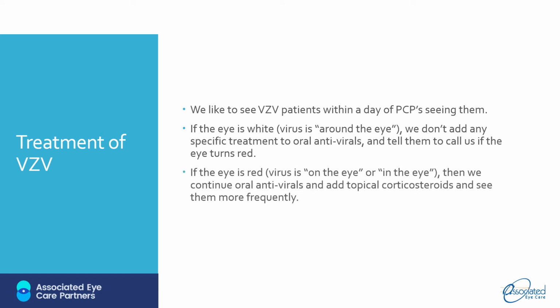If the eye is red, now they're in the on the eye or in the eye category, and we will add topical corticosteroids to the oral antivirals that the patients come in on. And then we'll see them more often. So regardless of how they look to us, we keep them on the oral antivirals that you've started them on, and then the question is, do we add steroids or not?